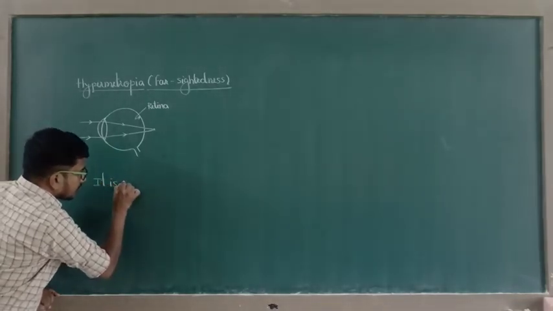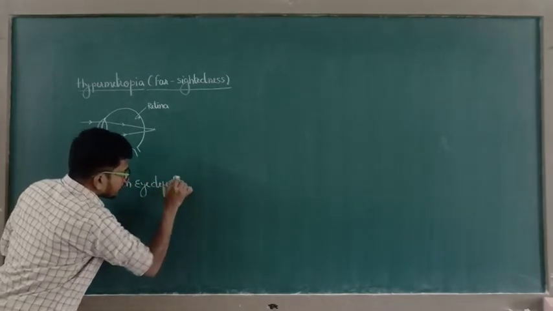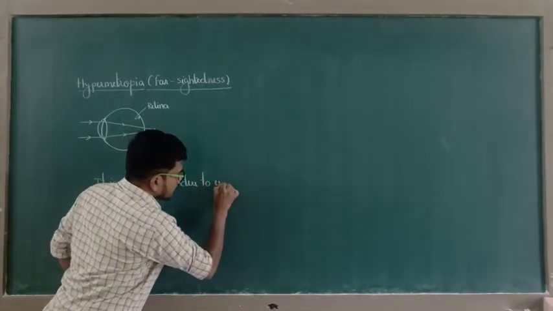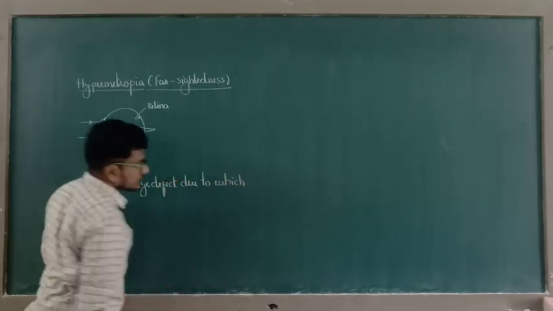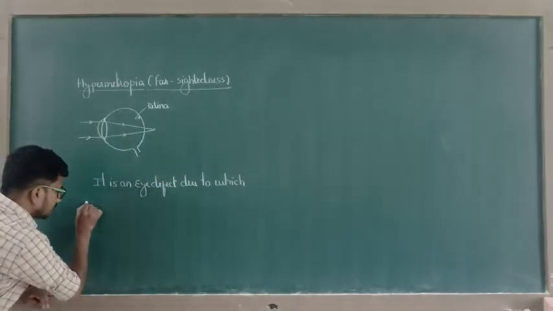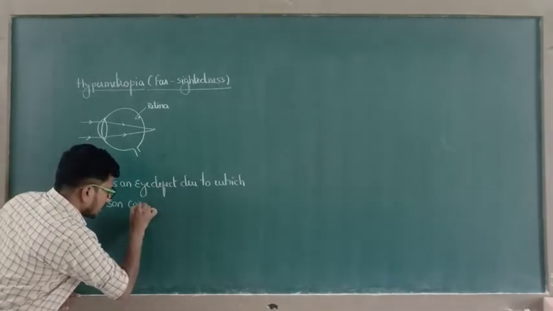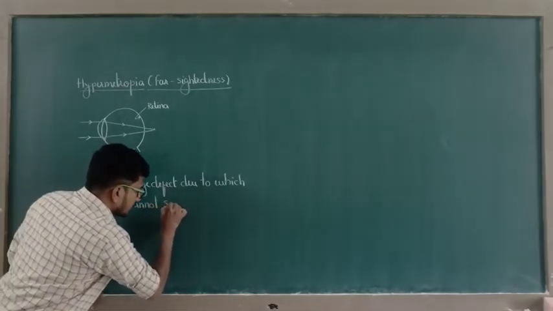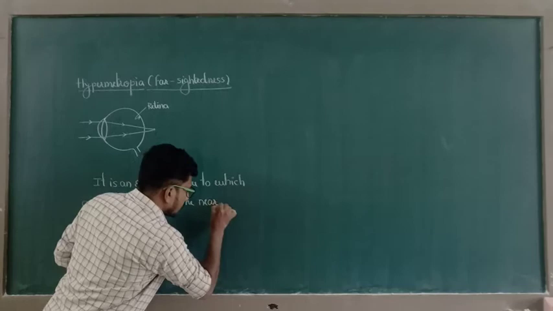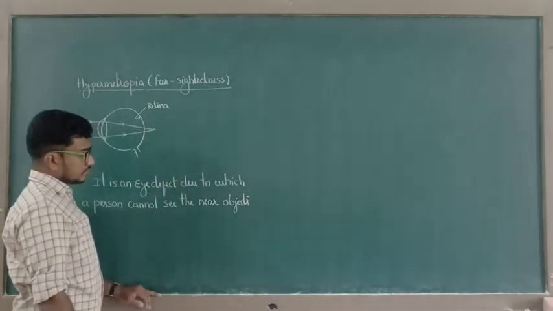It is an eye defect due to which a person cannot see the near objects clearly.